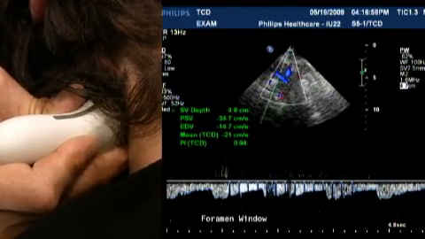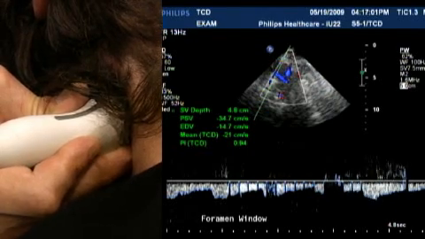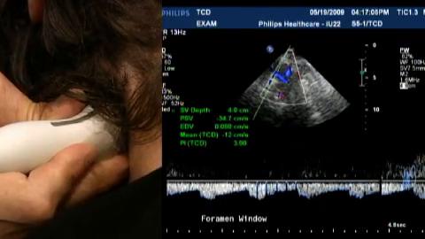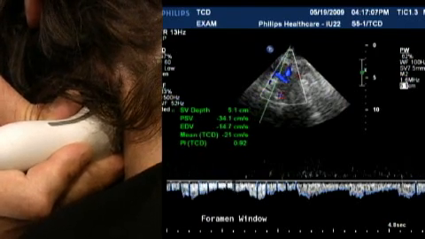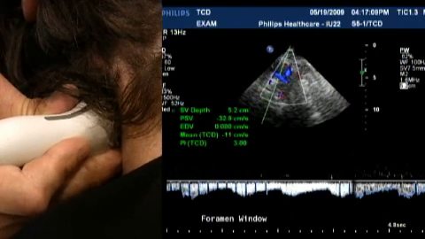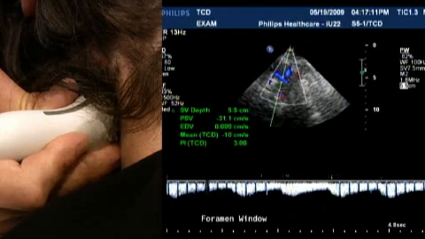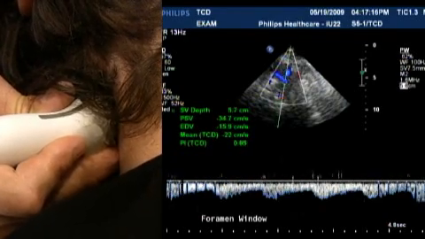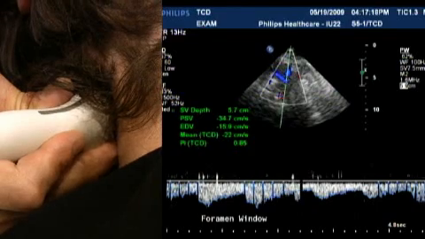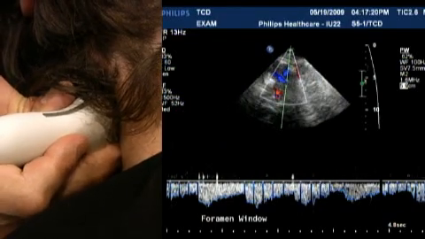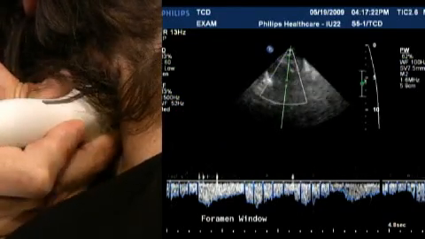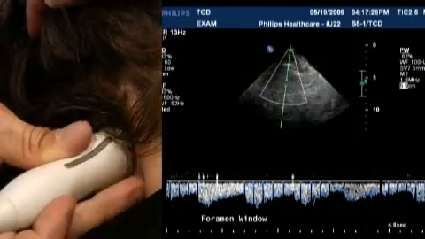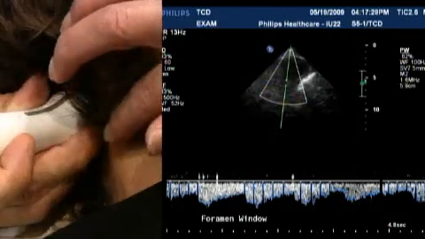As well as sampling the right vertebral artery. And as we get deeper, we'll be coming into the basilar artery. Teresa, I'm not seeing your basilar artery.